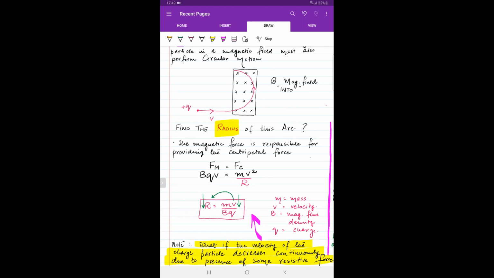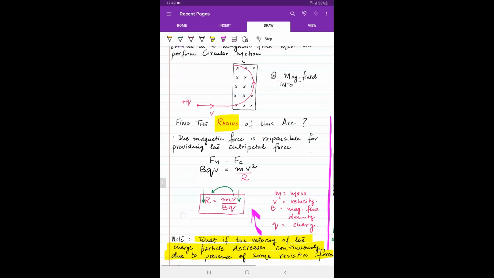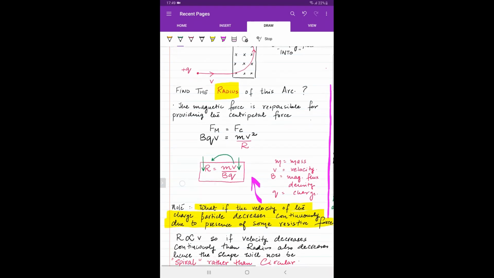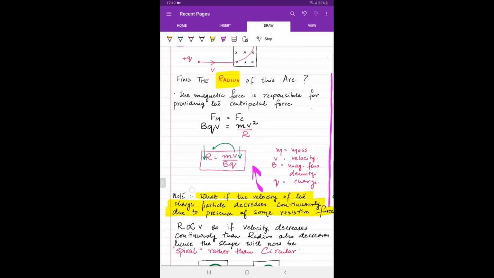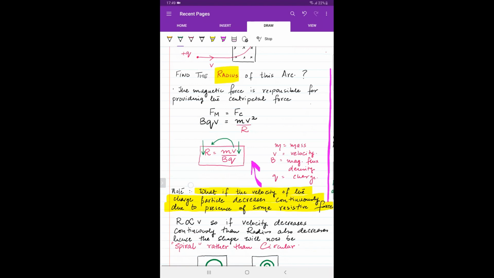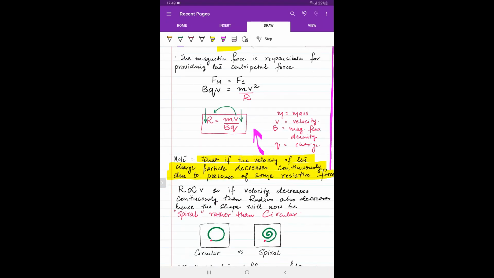Is there a better wording than oval? So r is directly proportional to velocity.